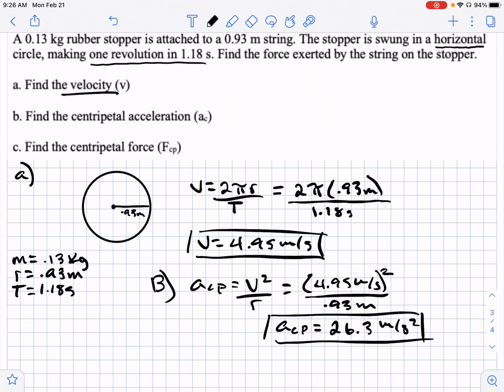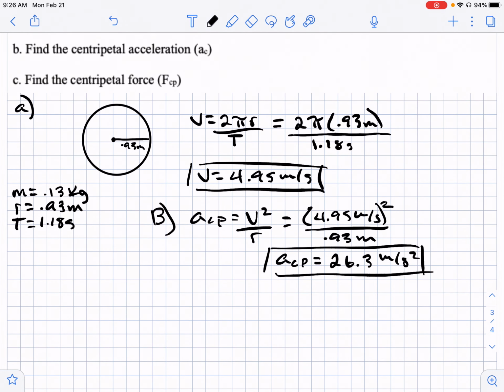And then finally, for part C, we're asked to find the centripetal force. Make C right here. The centripetal force, which is my tension in the string, is equal to mv squared divided by the radius.